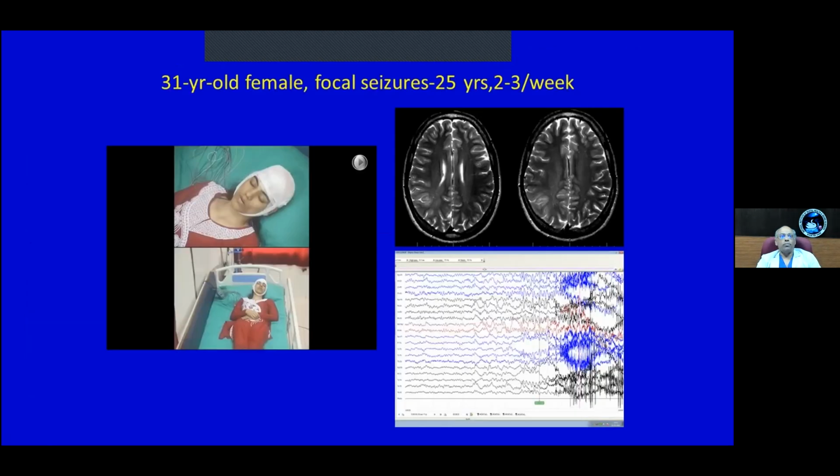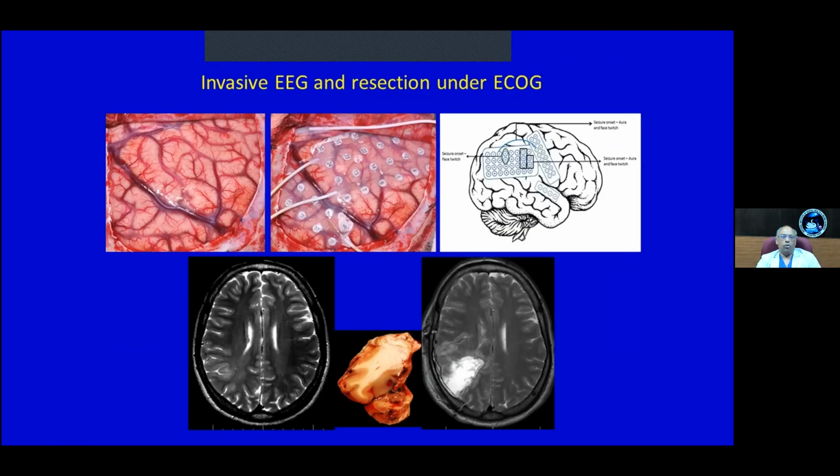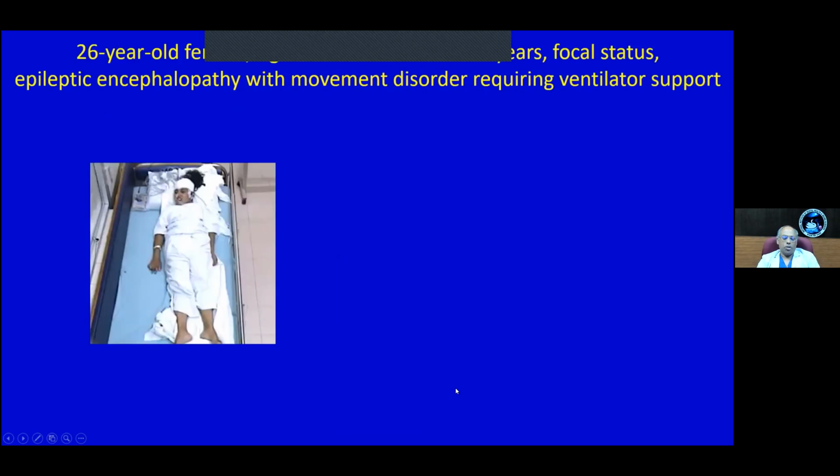This young lady presented with peri-Rolandic seizures, and again to sort out the function and epileptogenic zone, implantation was done, and the onset was found to be posterior to the central sulcus with propagation to the motor cortex, and then she underwent en-bloc resection.